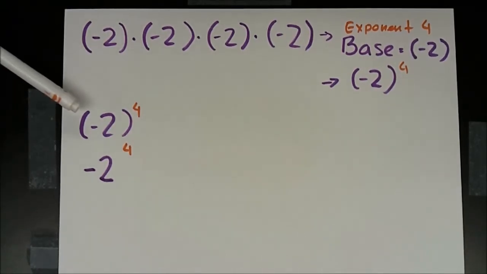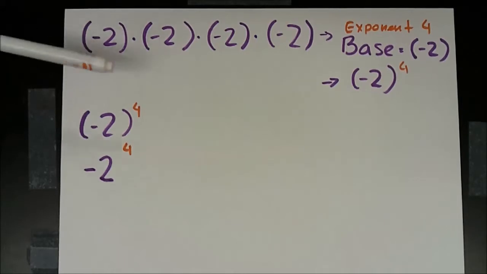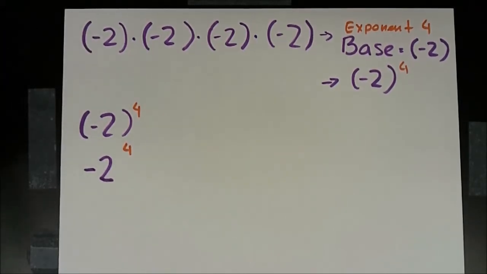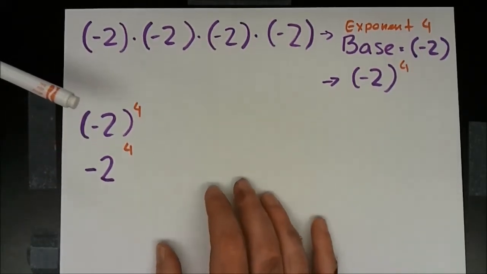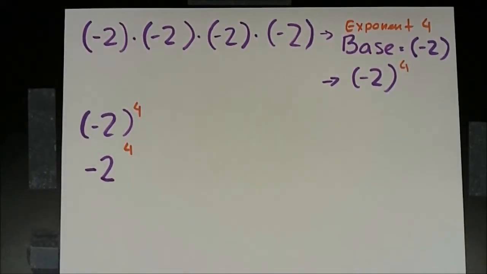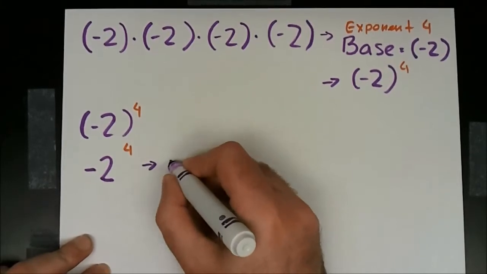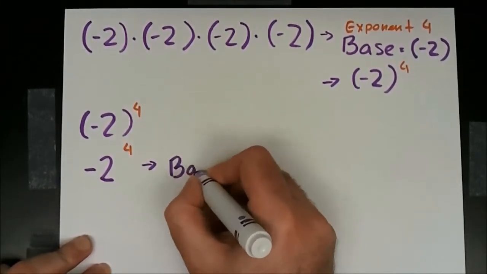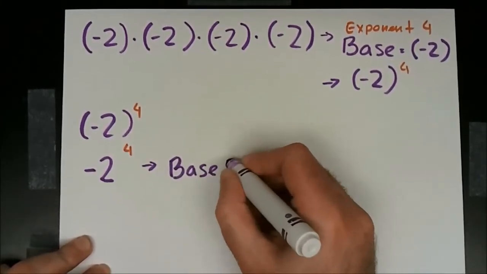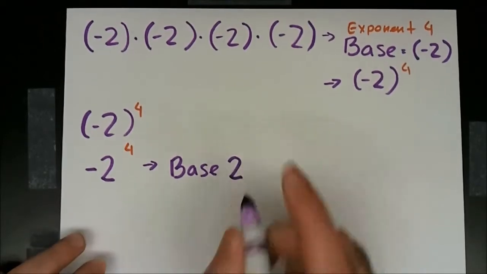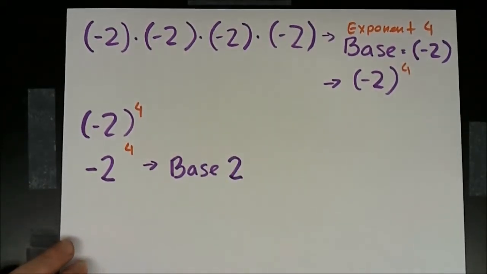Now here we figure that the base is -2. That's fairly easy to tell, and we know the exponent is 4. Now think about this. What is the base right here? And hint, it's not -2. If you said that the base is just a plain old 2, you would be correct. The exponent modifies exactly what it's attached to.